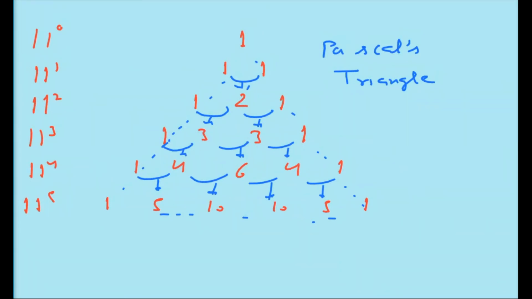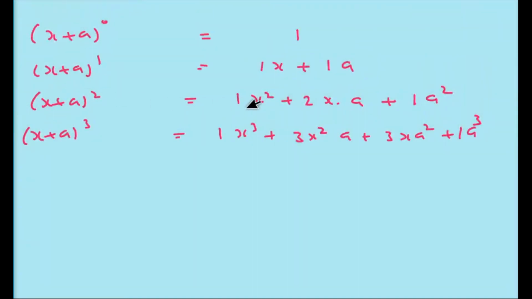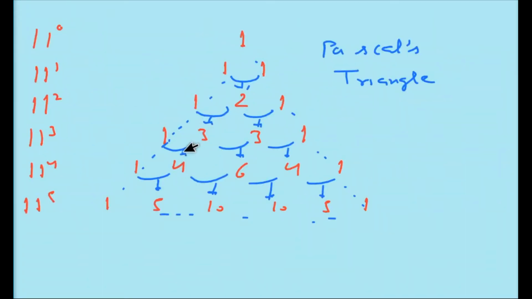So you can see here 1 1, 1 2 1, 1 3 3 1, isn't it? Okay, again you can check here 1 3 3 1, right?